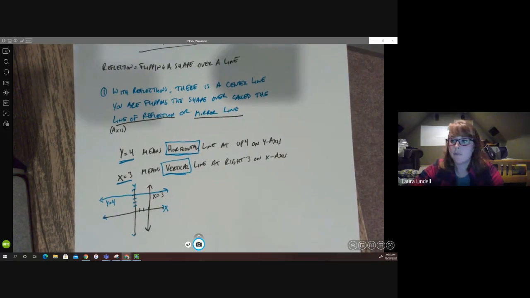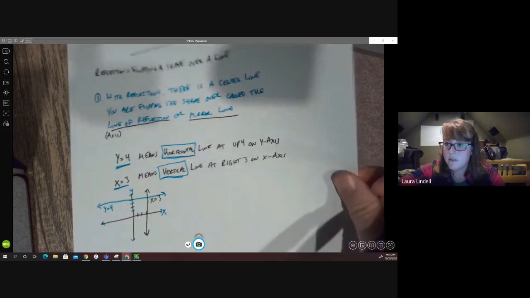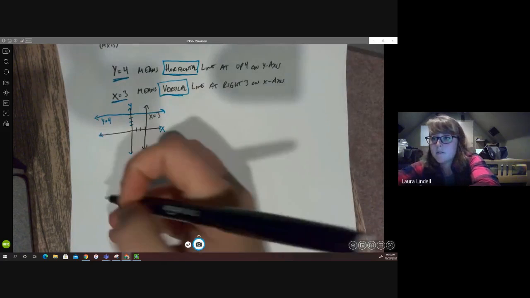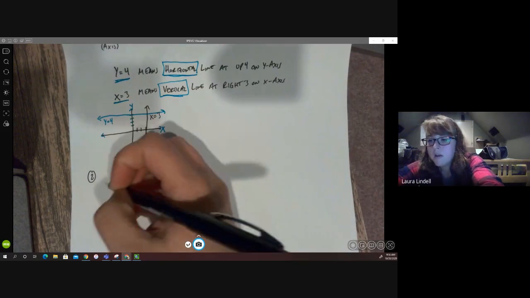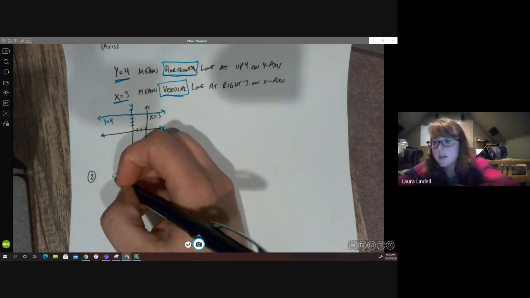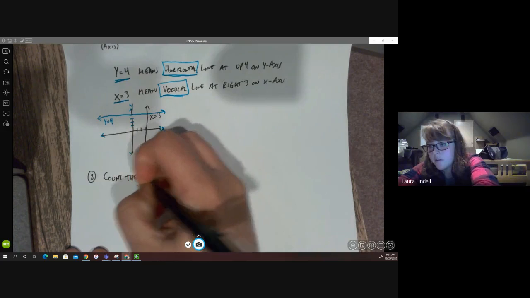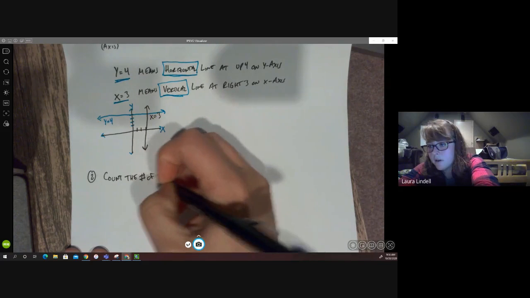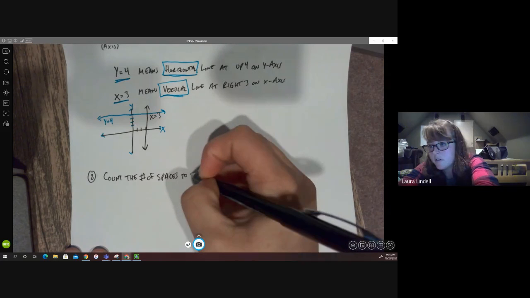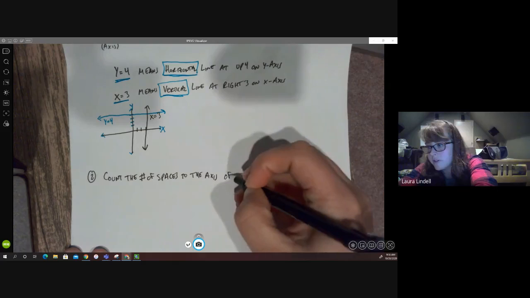So the second thing that we need to know about reflection, what we're going to be doing with our shape, or kind of our instructions here, is we're going to count the number of spaces to the axis of reflection.